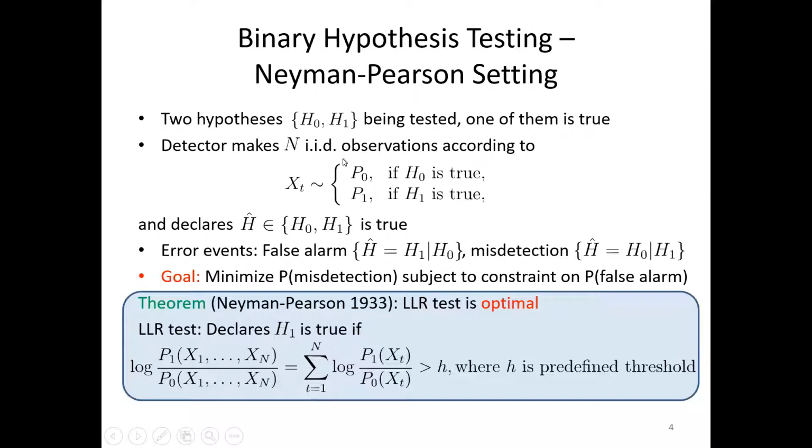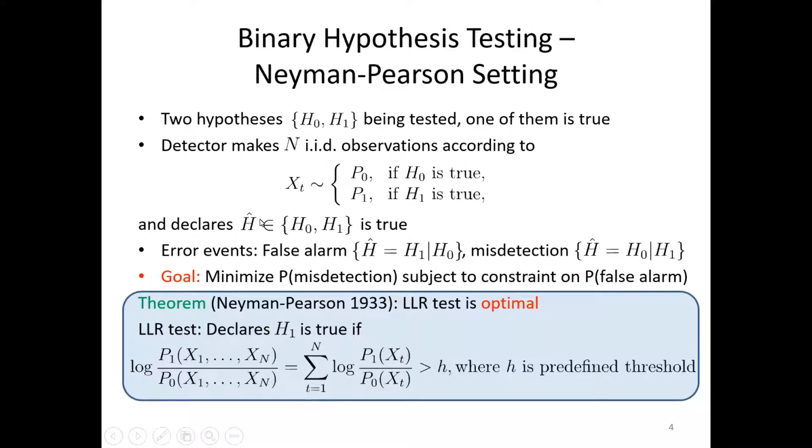That is, if H0 is true, then our samples are IID from P0, and if H1 is true, then our samples are IID from P1. After we observe these N IID observations, we make a decision, H hat.